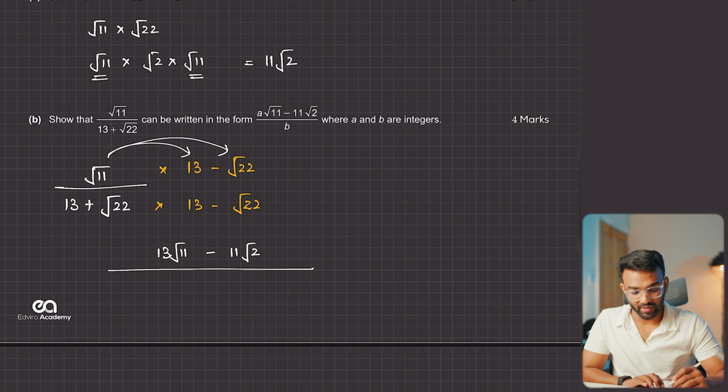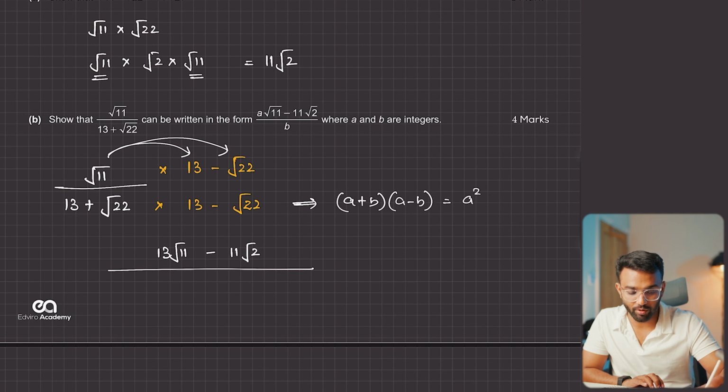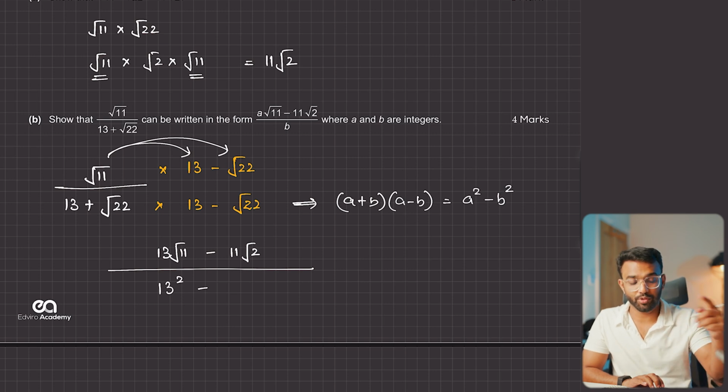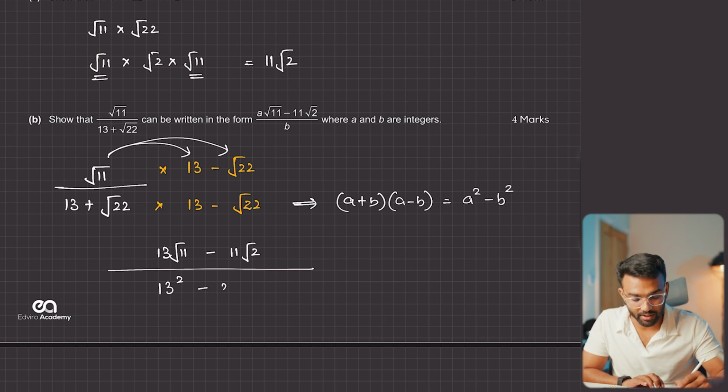And at the bottom, this can be looked at as a plus b times a minus b, which is a square minus b square. So a square would be 13 square, minus b square, which is root of 22 the whole square, which is just 22, and we subtract it.